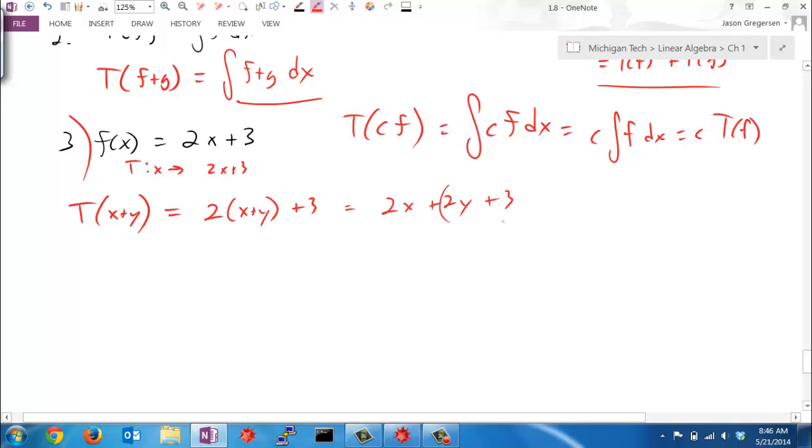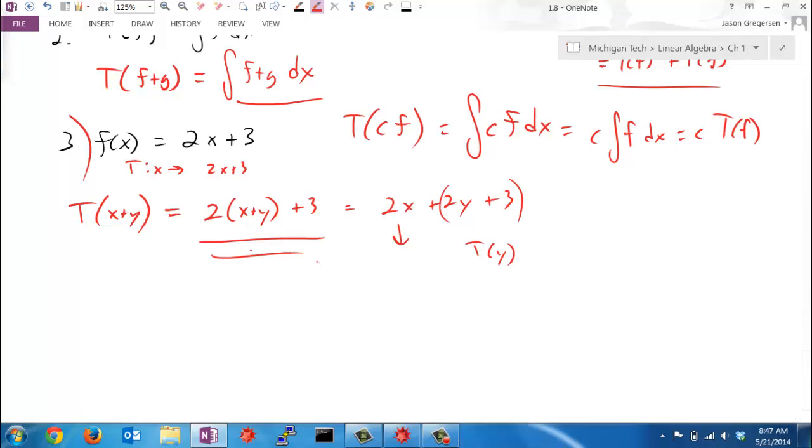Well, let's see, 2y plus 3, that's the same thing as T of y. Is this thing equal to T of x? It's not. This thing is not a linear transformation, even though it's a line. Weird, right? So even though we have a line, a linear function, it's not a linear transformation. You have to be a little bit careful about distinctions here. For us, linear transformations are only lines that go through the origin, and where it doesn't have this extra 3 that kind of messes things up. Okay?